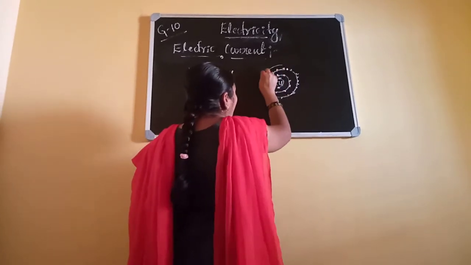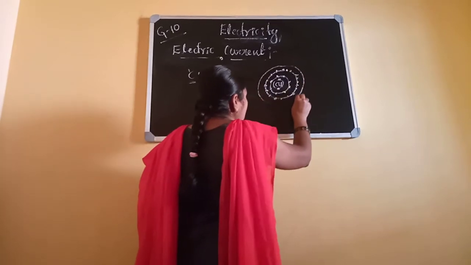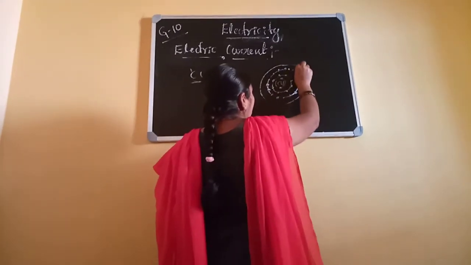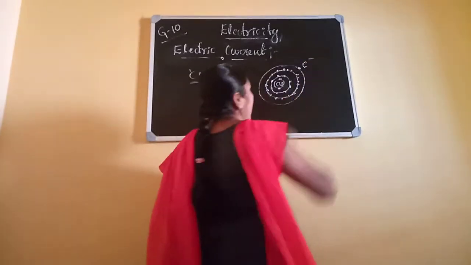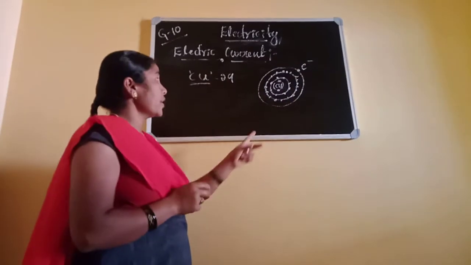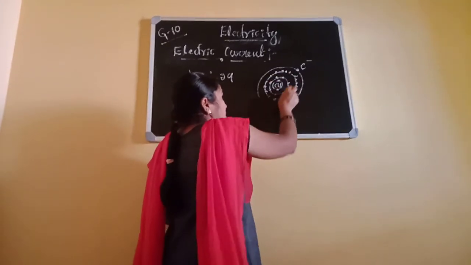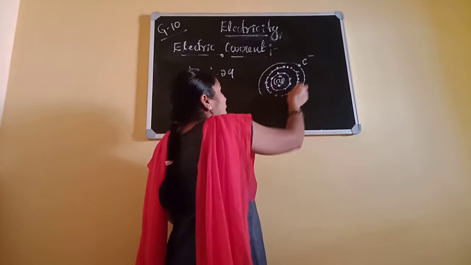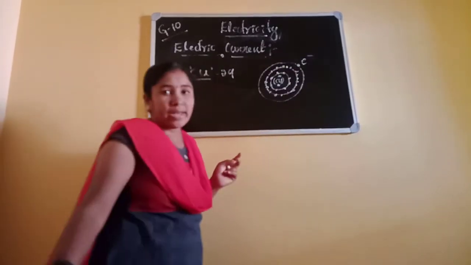Then in the outermost shell, 1 electron will be present. This is the electron. Dear students, from the first shell 2 electrons, the next shell 8 electrons, then the third shell 18 electrons, and the last shell has only 1 electron.